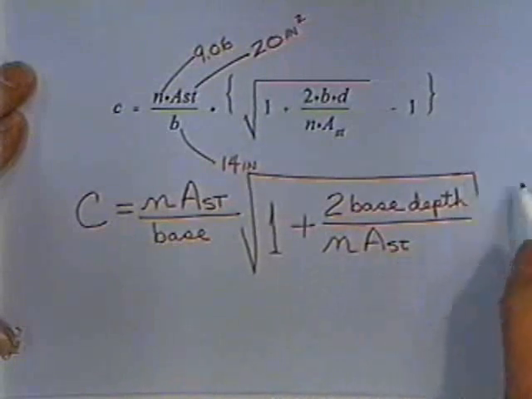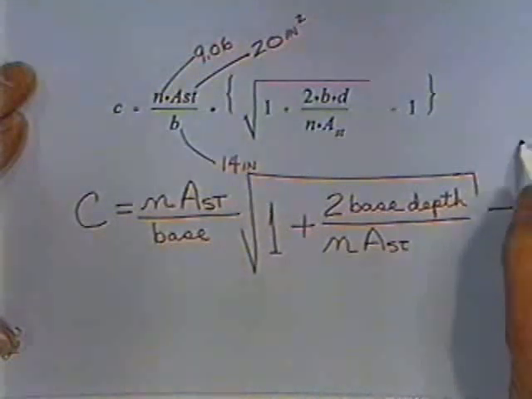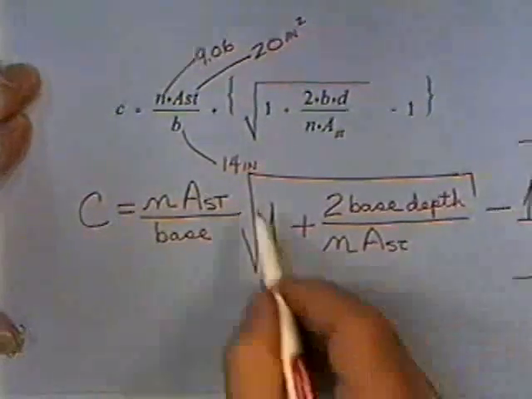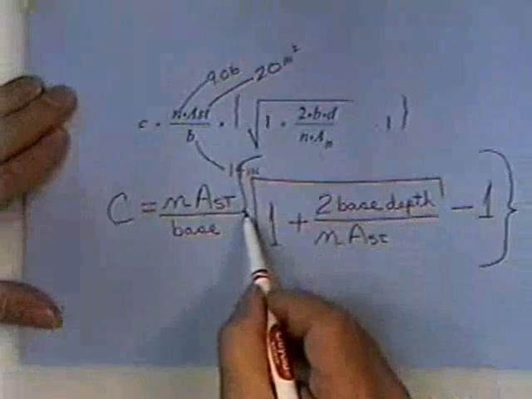After you take that square root, subtract 1 from it, you put parentheses around the whole thing.